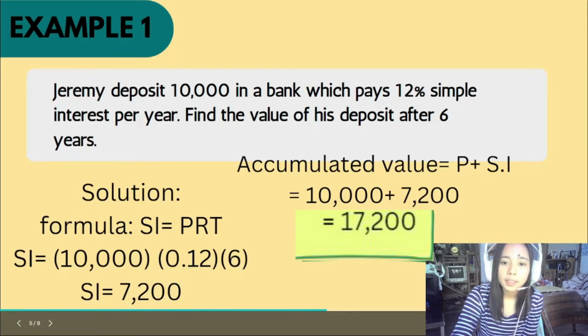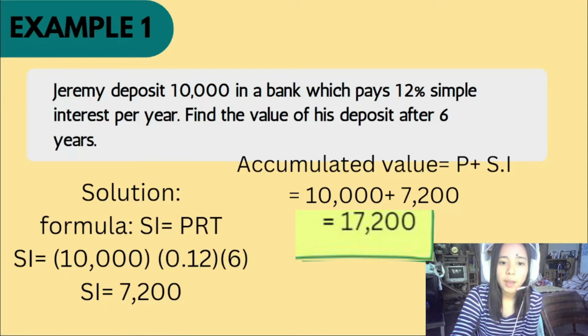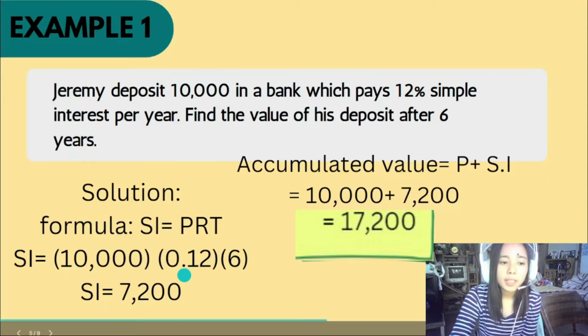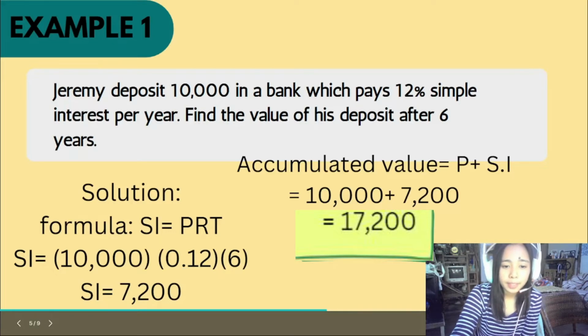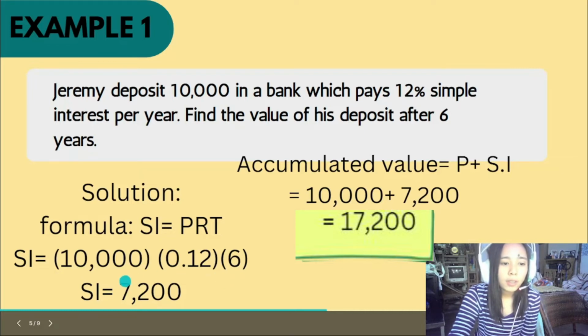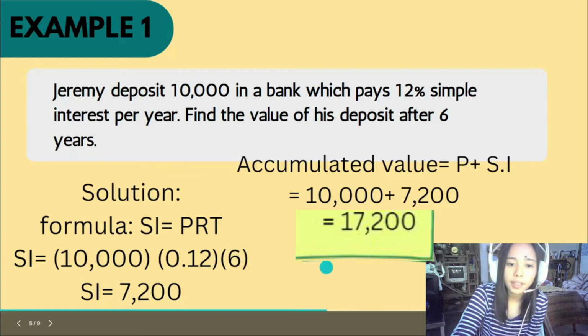In getting the decimal, we just need to divide 12 by 100 and the result will be 0.12. And our time is 6 years. So multiply 10,000 times 0.12 times 6 equals 7,200. So our simple interest is 7,200.